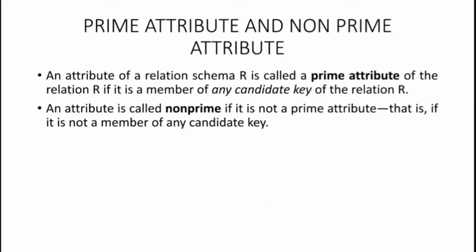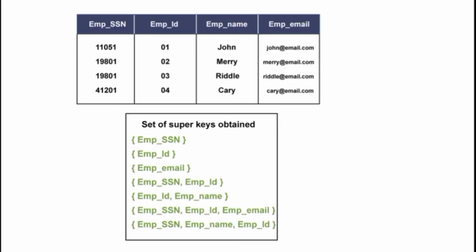An attribute is called a non-prime attribute if it is not a prime attribute, that is, it is not a member of a candidate key. Here employee name and employee email are non-prime attributes because I am not considering them as candidate keys. Any attribute that is a candidate key can be considered a prime attribute. Any attributes that are not candidate keys are non-prime attributes.